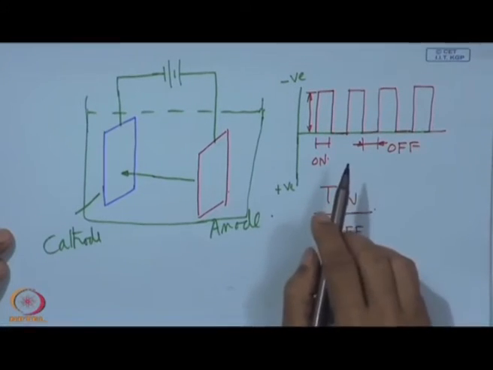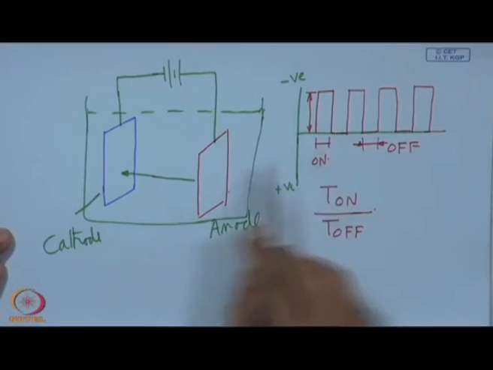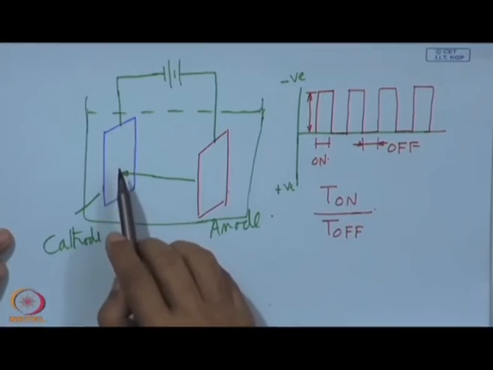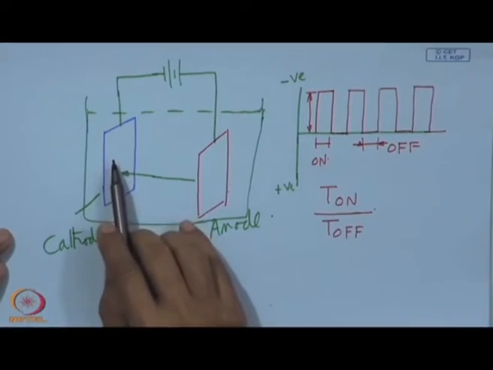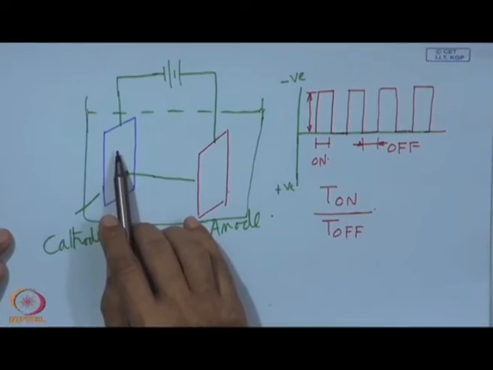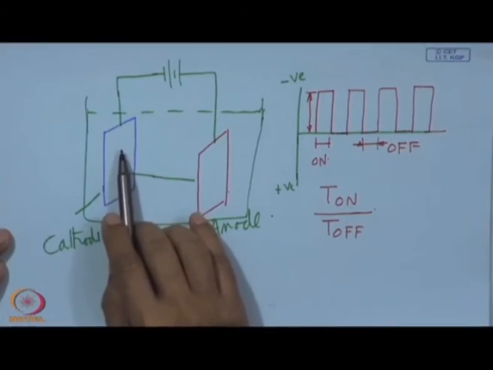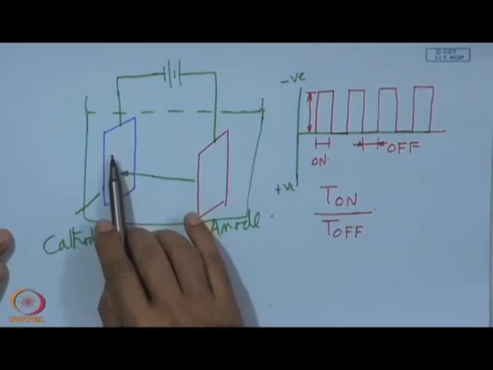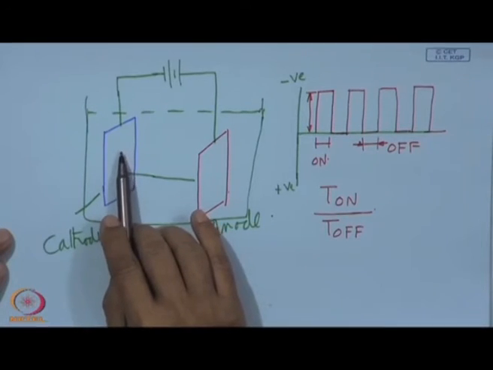By this interruption, what we see is that for the material which is deposited, sometimes there is some unwanted contamination or oxidation in the coating that can be removed.